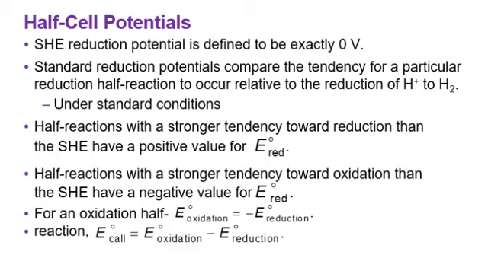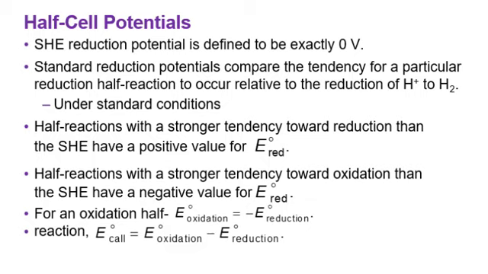A half reaction with a positive standard reduction potential is more likely to gain electrons, as it has a stronger tendency to be reduced. Conversely, a half reaction with a negative standard reduction potential is more likely to lose electrons. It is a better reducing agent when reversed.